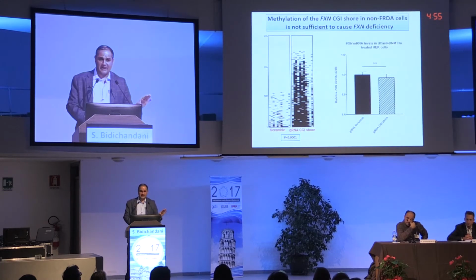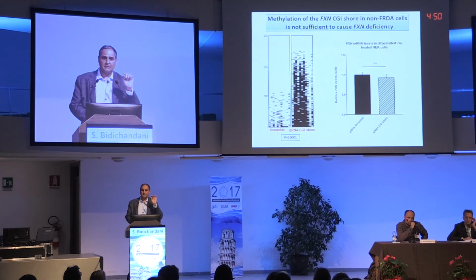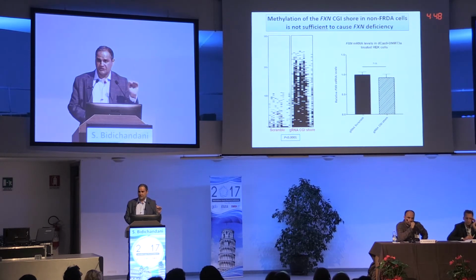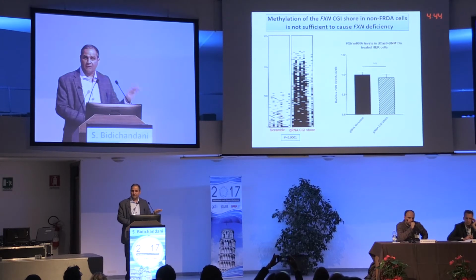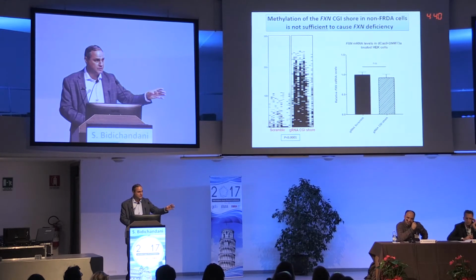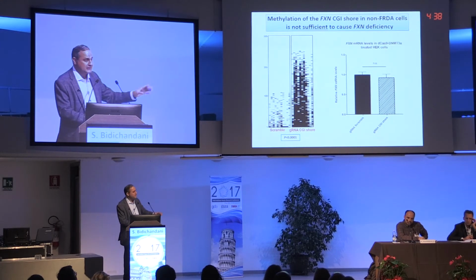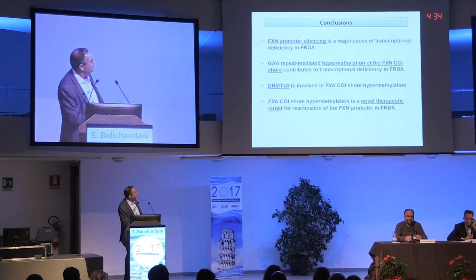But when you measure frataxin levels, you don't actually see a change. So methylation per se of the CGI shore is not sufficient to cause transcriptional changes of the frataxin gene, but it has some complex relationship with repressive chromatin and whatever the GAA expansion is doing, but it definitely does contribute to the silencing of the frataxin gene.